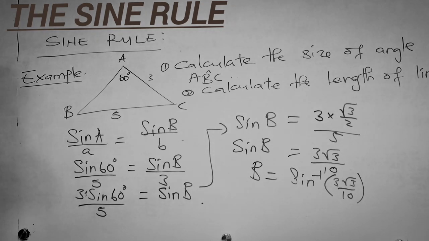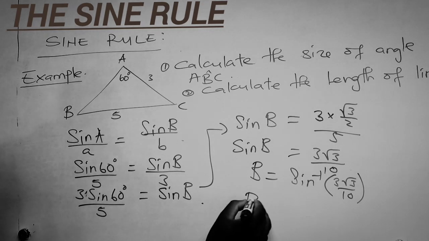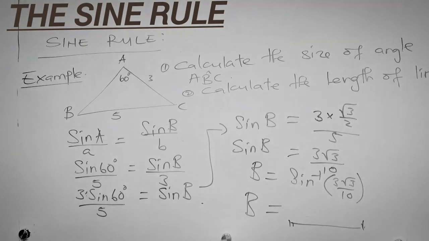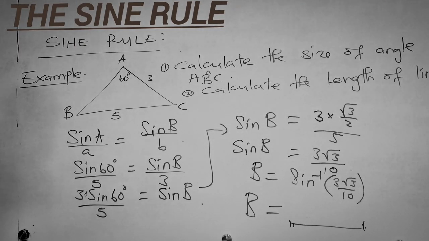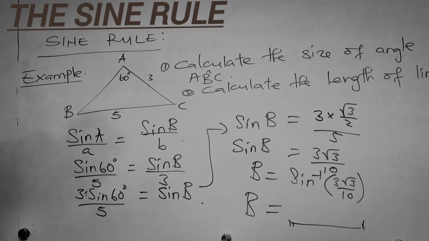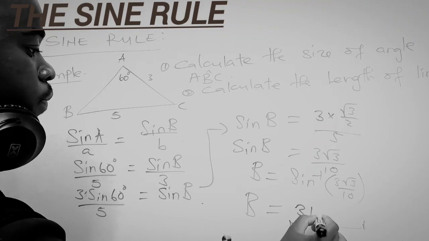After simplifying that, punch it on your calculator and see the answer. That will be the size of our angle ABC, which is equivalent to 31.33 degrees.